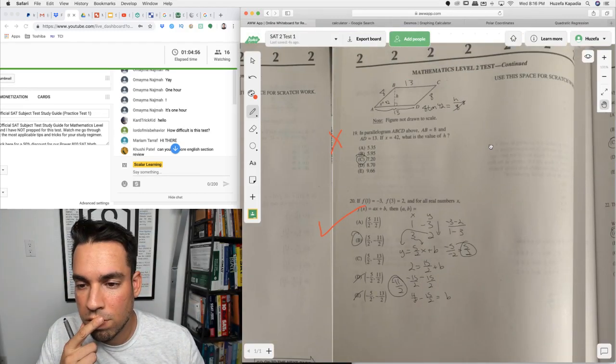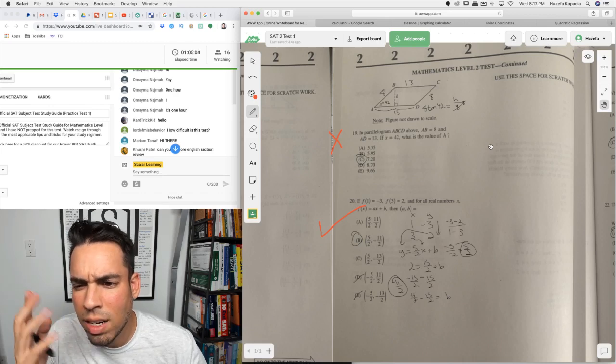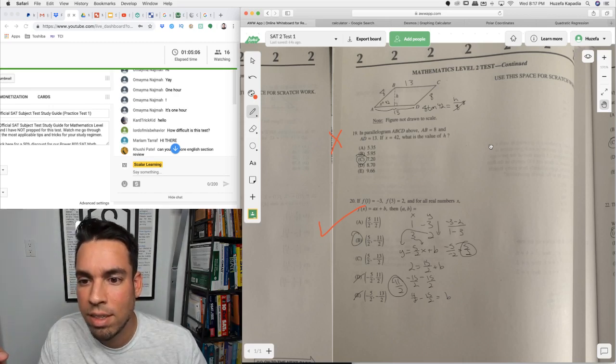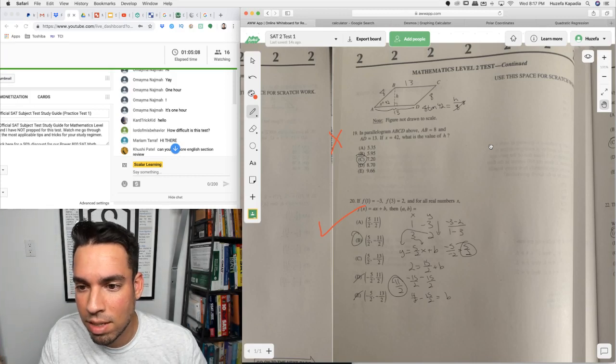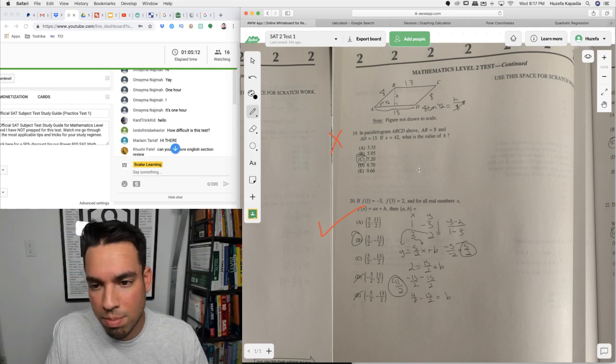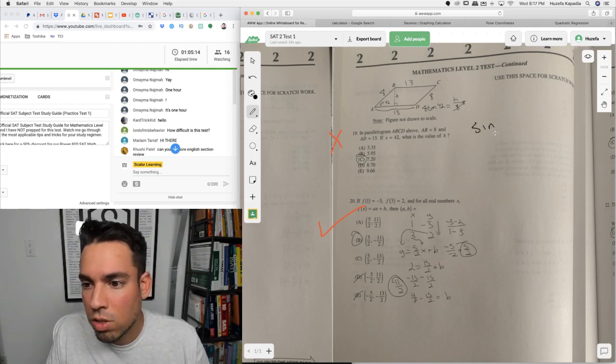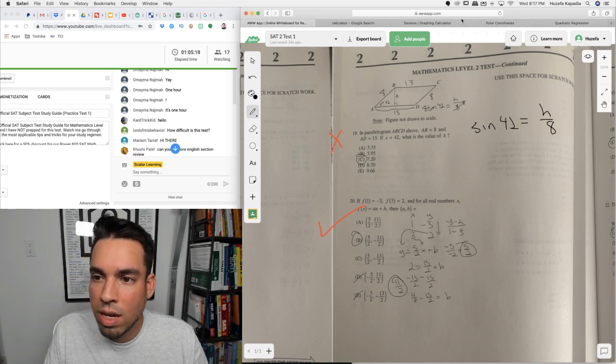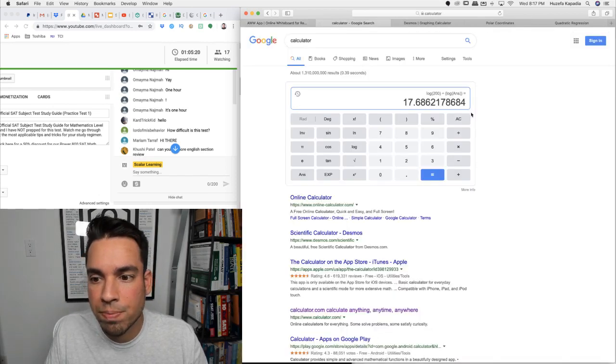Wait a minute. X equals 42. What is the value of h? So I said tangent of 42. Why did I say tangent? It's obviously sine. What's wrong with me? Because it's opposite over hypotenuse. Should use sine of 42 equals h over 8.